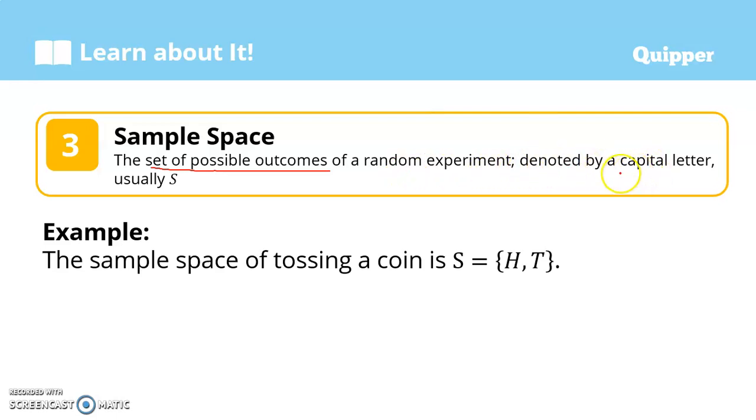It's denoted by a capital letter, usually capital letter S. So the sample space of tossing a coin is given by capital letter S equals H, T, meaning head, tail. Ito lang yung dalawang possible results or possible outcome when we toss a coin.